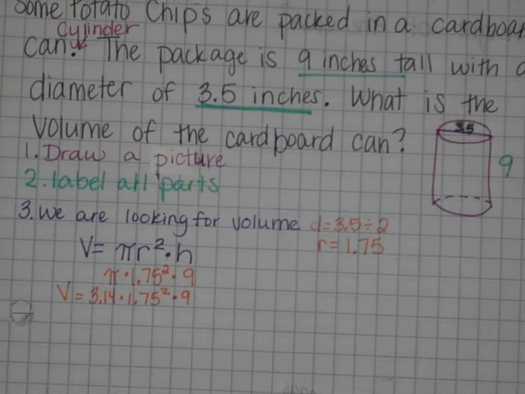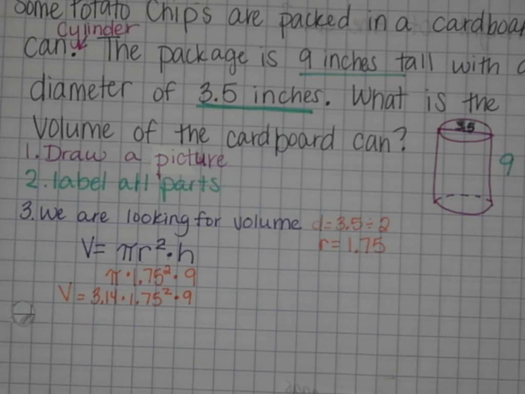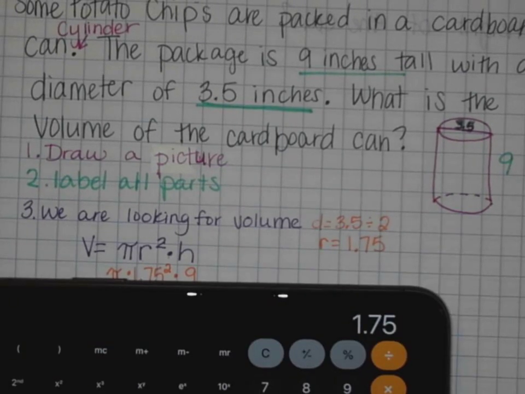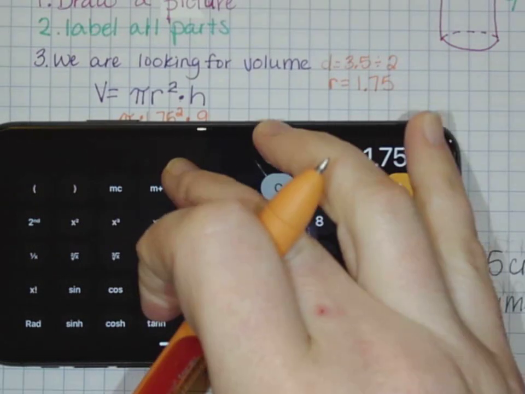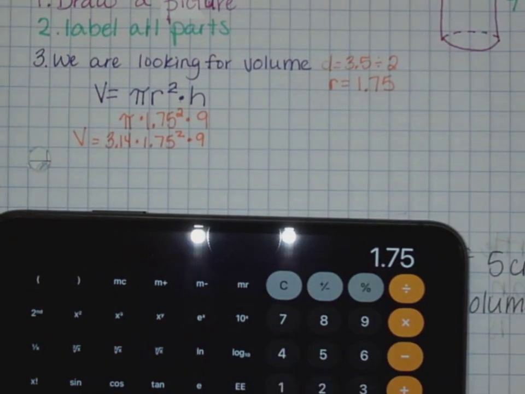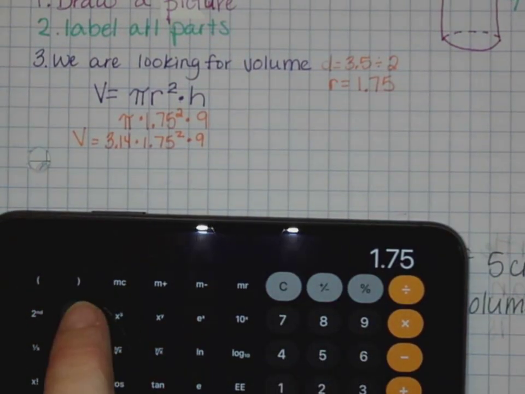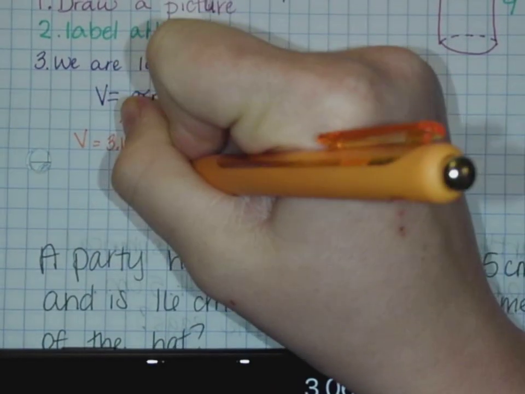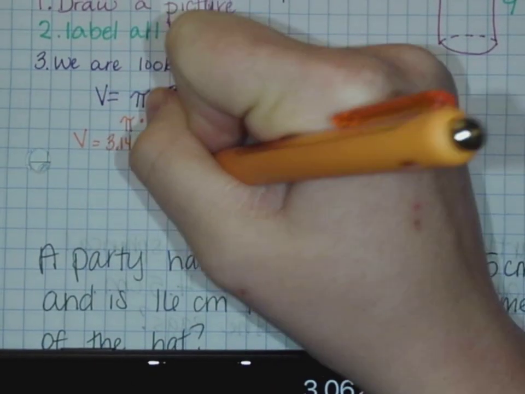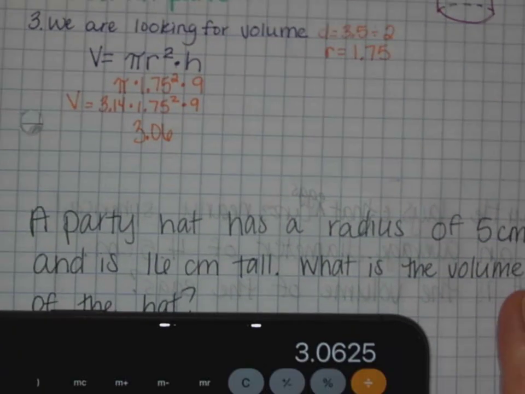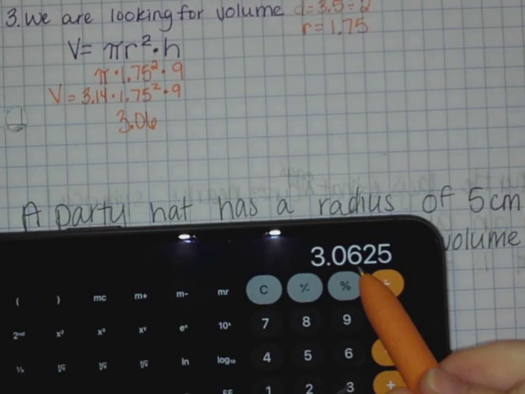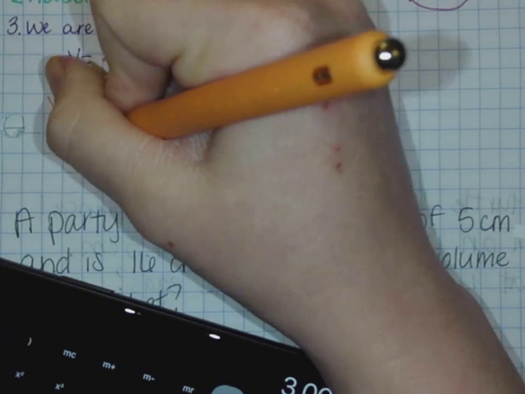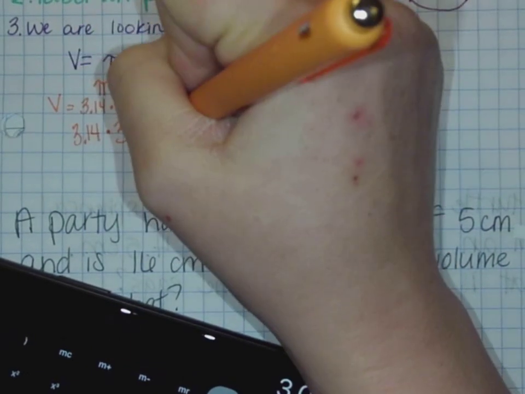Remember, the first thing that you always have to do in these is do the exponent. So I'm going to do 1.75, and then I'm going to hit the squared button. So that would be 3.06. I just want 2 decimals. So the 2 makes the 6 stay the same, times 3.14 times 9.